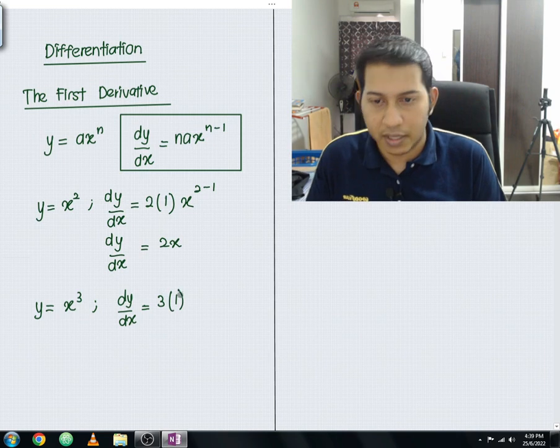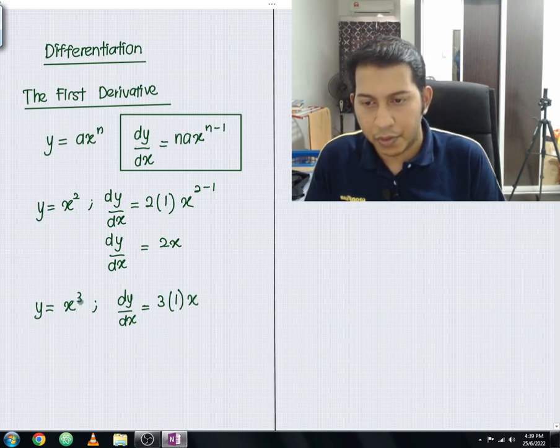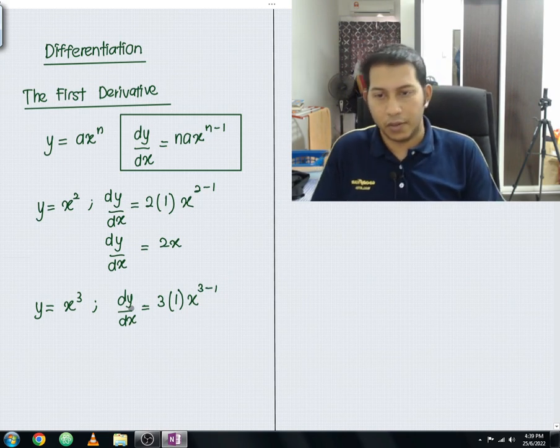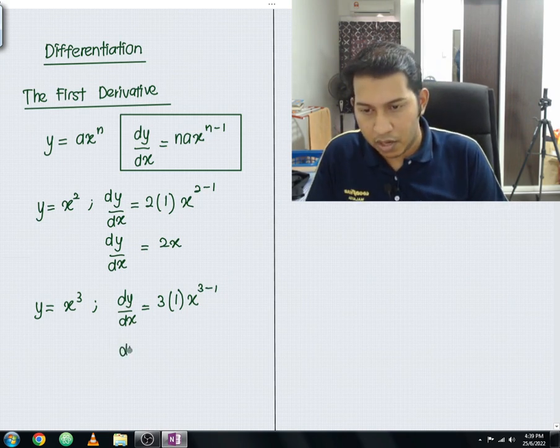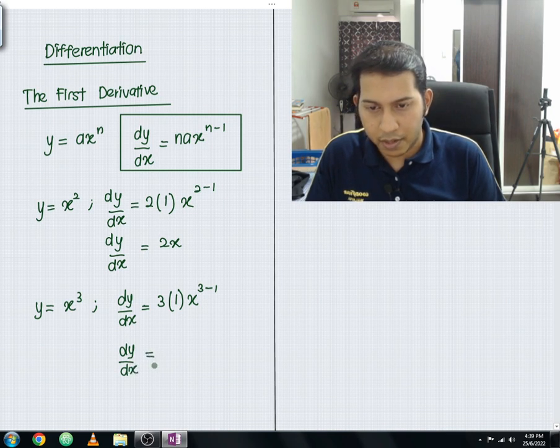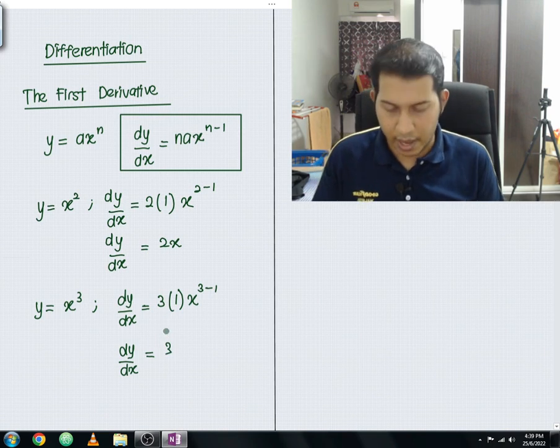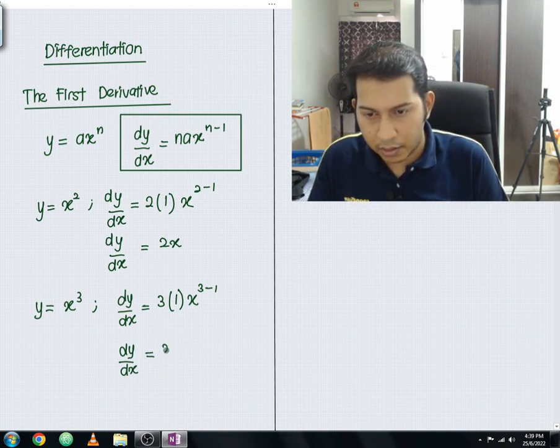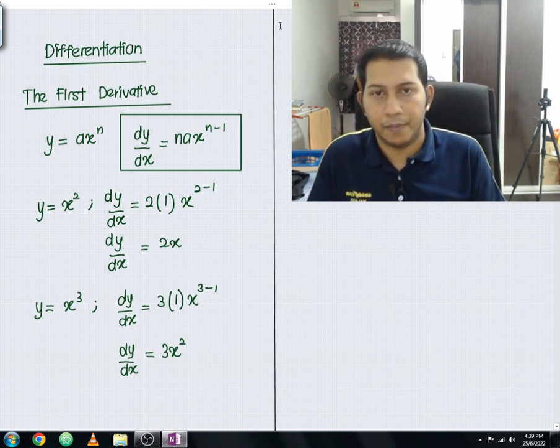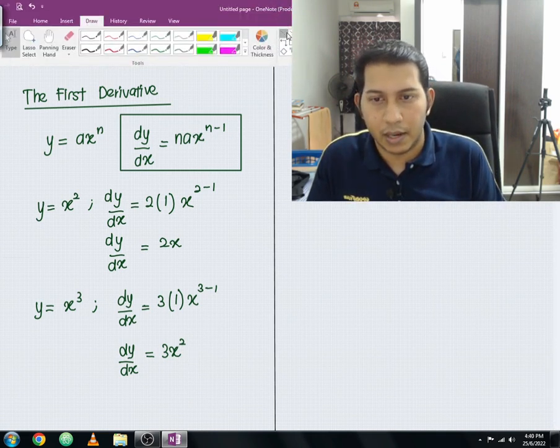The x remains the same, so the power 3 you minus 1. So from here dy over dx is equal to, oops, sorry guys, it's hanging, it's 3x squared. Let me just underline the answer.